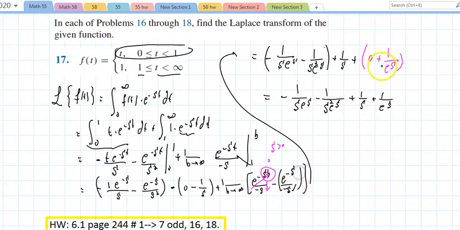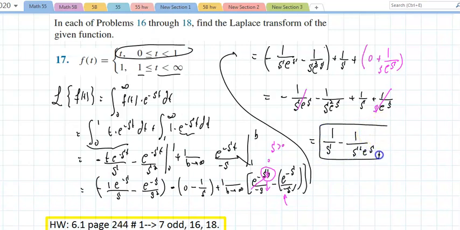I'm messing up everything. That should be an s right there, right? So those two cancel out, and I am left with a 1 over s minus 1 over s squared e to the s.